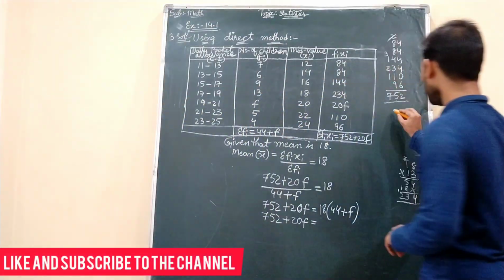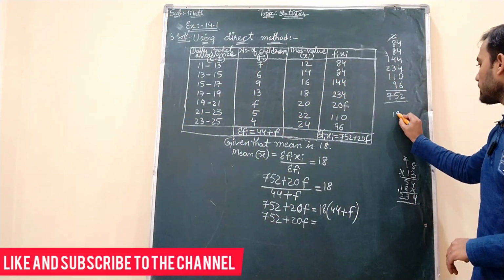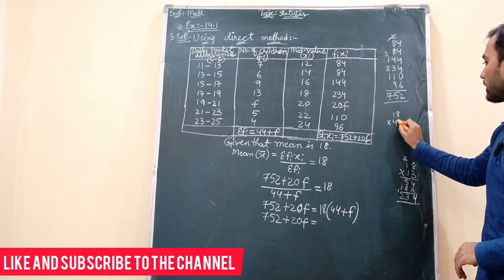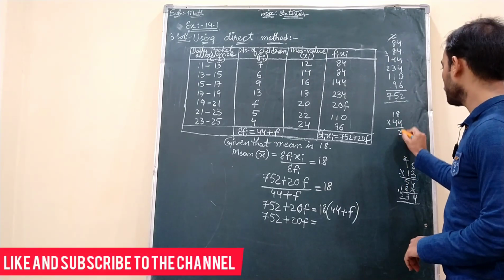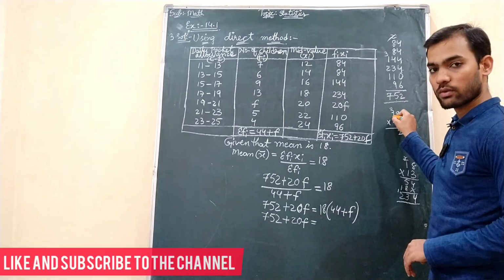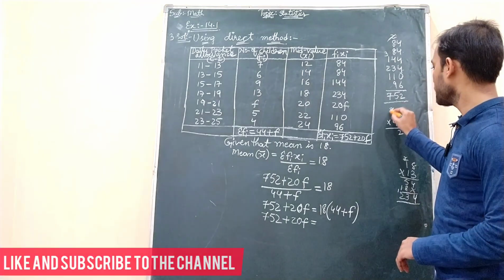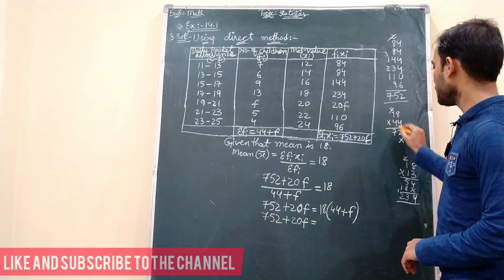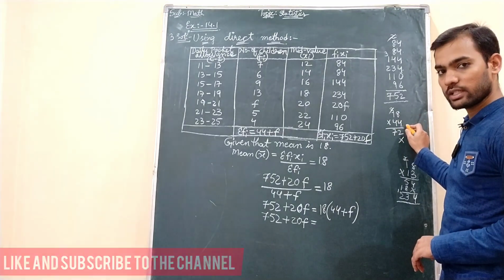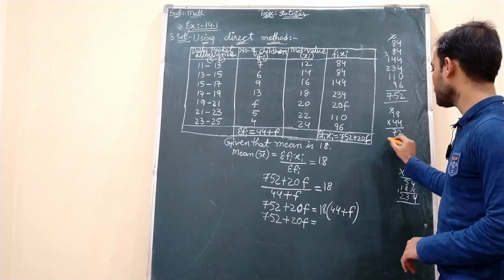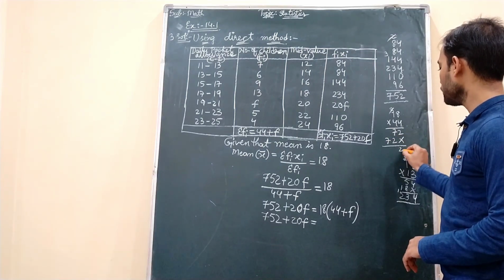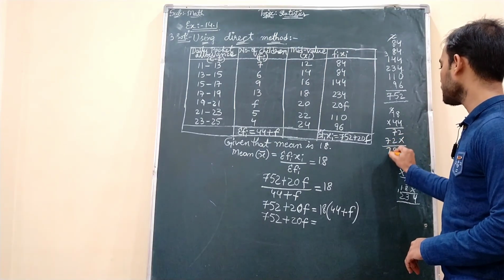Okay, 18 multiplied with 44. 4 8s are 32. 2, 3. 4 1s are 4. 4 plus 3 will be 7. Again, no need to do the multiplication because you already did it with 4. When you multiply 4 into 18, you will get 72 only. 7 plus 2 is 9 and this is 7.